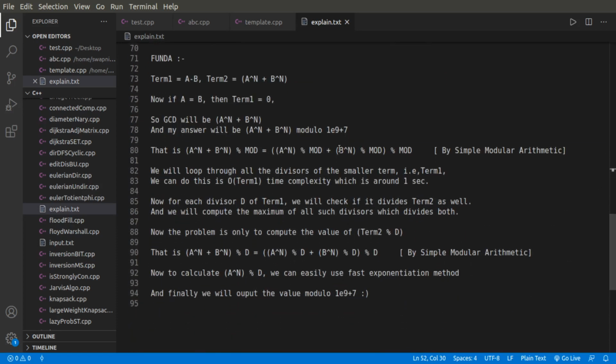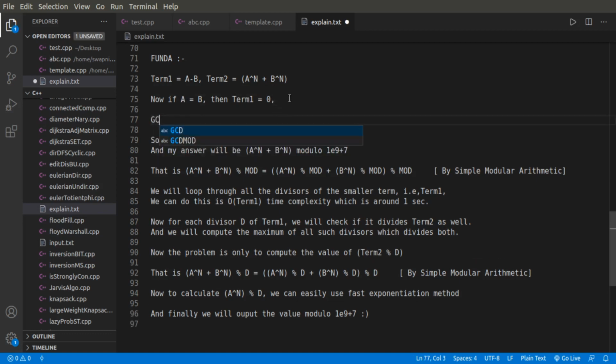So the funda here is my term 1 is a minus b, and my term 2 is a power n plus b power n. Now there can be a case where a is equal to b, then my term 1 will be equal to 0, and as given in the problem, GCD of a comma 0 will be equal to a if a is positive, right?